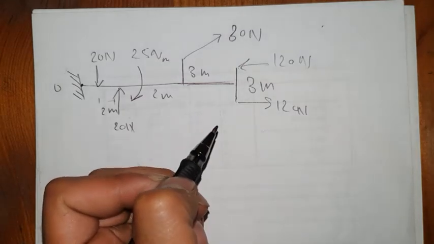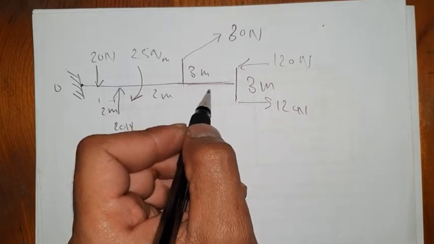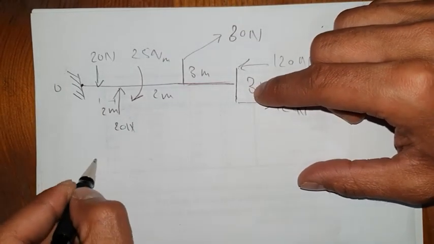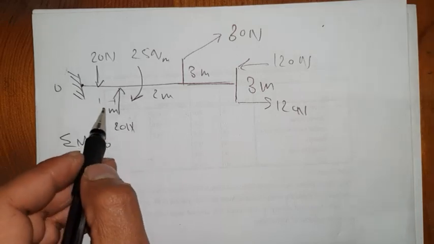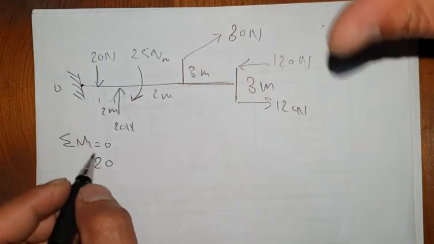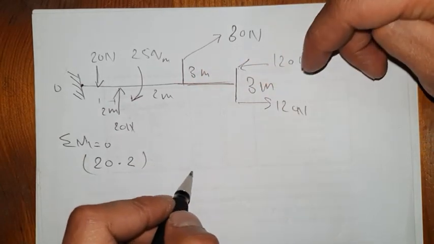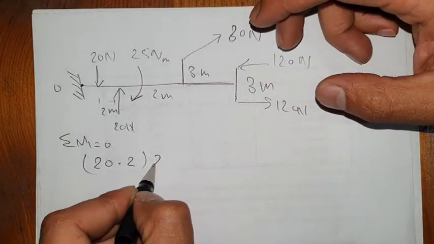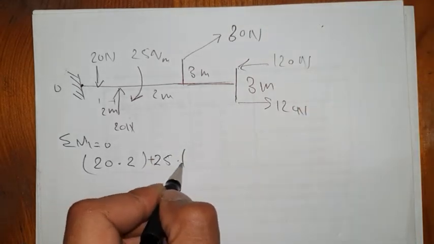So now we'll find out the couple force for this thing. Here we have a couple force, another couple force, and two other forces. First of all, we will go for 20. Summation of the moment has to be equal to 0, and 20 is counterclockwise, so it's positive, times 2 meters. Now this force is 25, we'll get just 25, and it's plus.